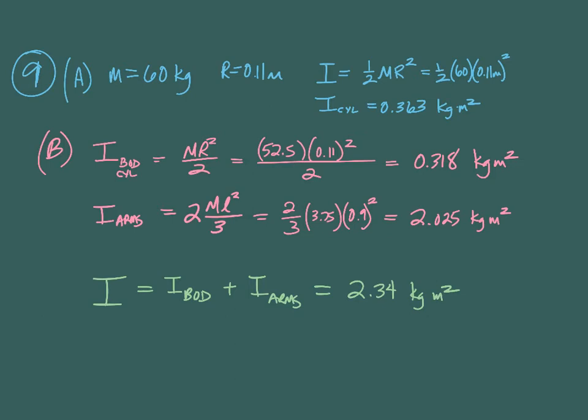But when the arms are pulled in, you only have 0.36 units of rotational inertia. A lot less, hence the speed is higher.